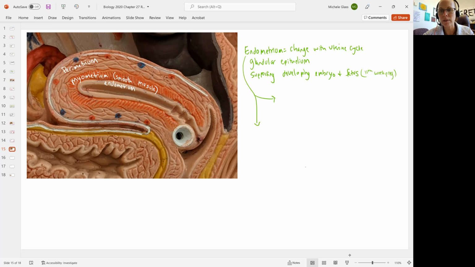We have the innermost layer, the stratum basale, which is not changing and it's not being lost. It would contain the stem cells. And then we have the layer called the stratum functionalis, or functional layer, which is going to be the portion that changes.